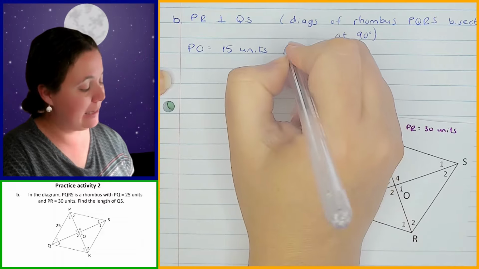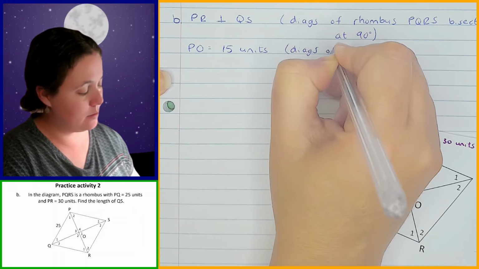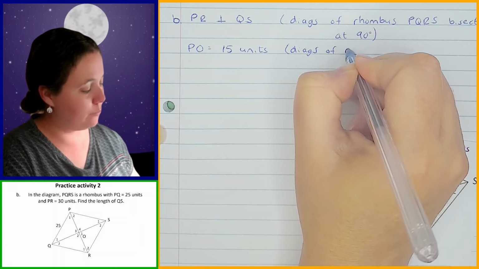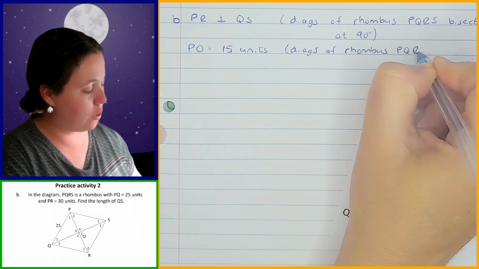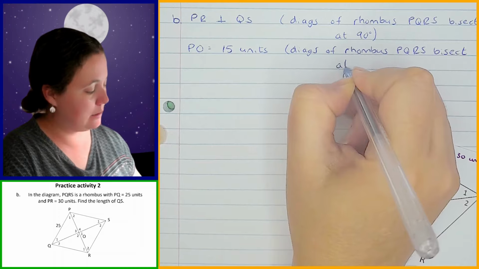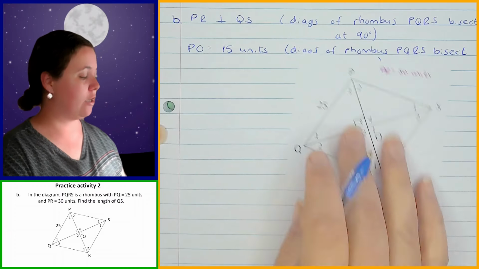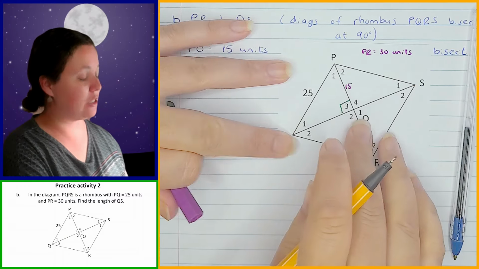And my reason here again is that the diagonals of rhombus PQRS bisect at 90 degrees. Okay, so now I know that this length over here is 15 because it's half of 30.